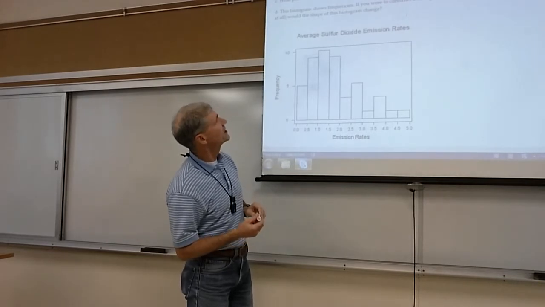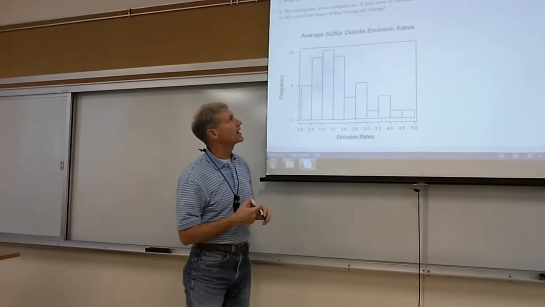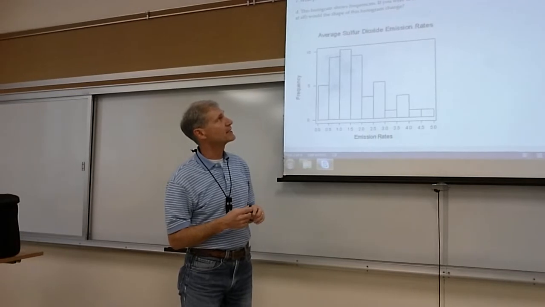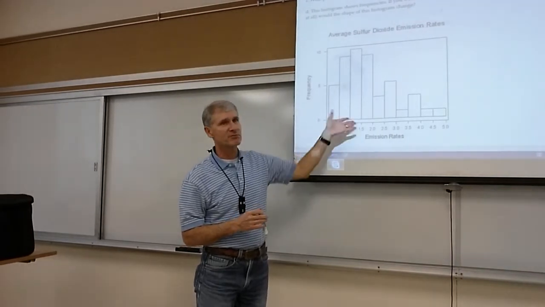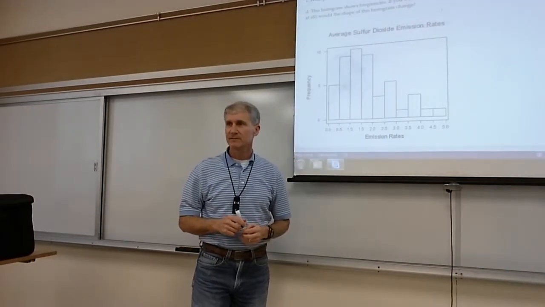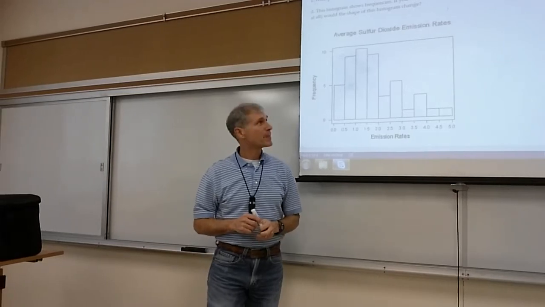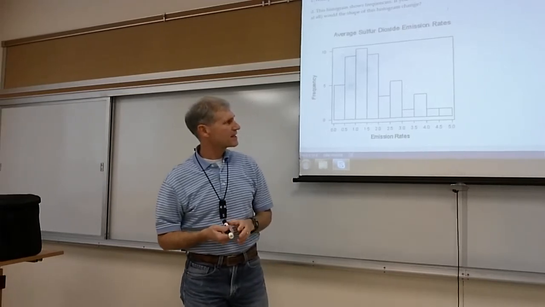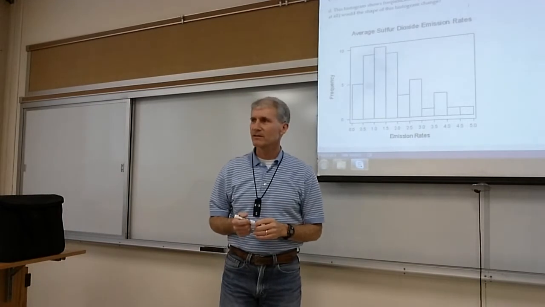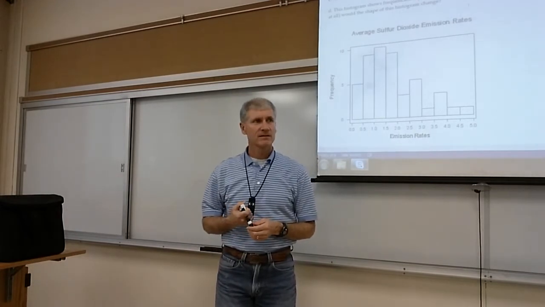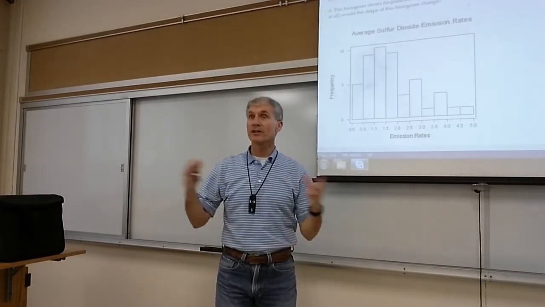B says, what information can you get from the dot plot or stem and leaf plot of these data that you cannot get from this plot? Not necessarily just the outliers, but the original data. You get all the data points.